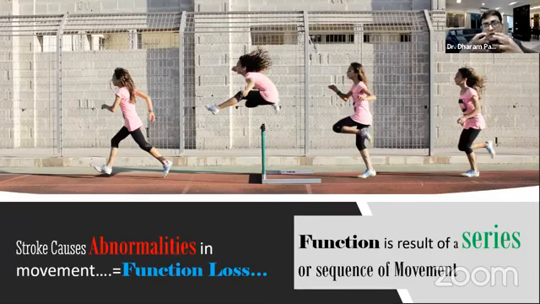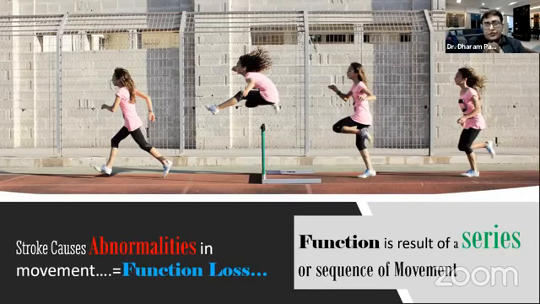So let us understand what function actually is. Function is the result of a series of movements. It is not an individual movement. As you can see on your screen, there's a girl who is trying to jump a hurdle.